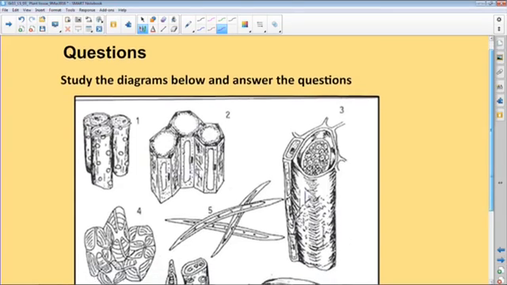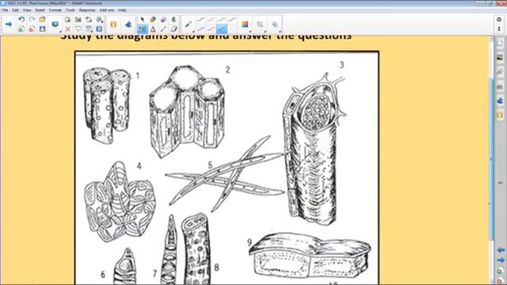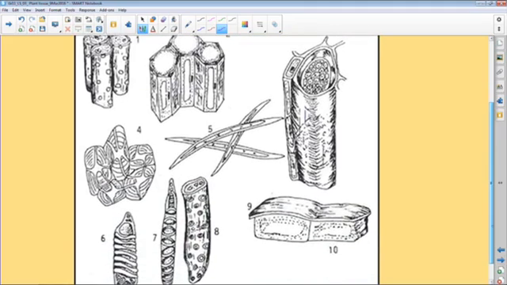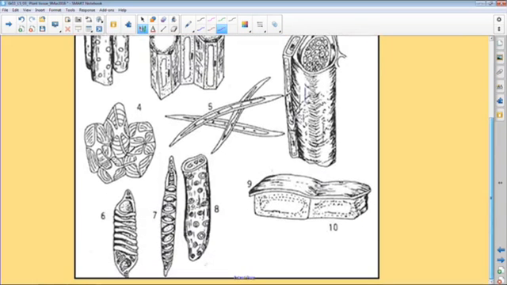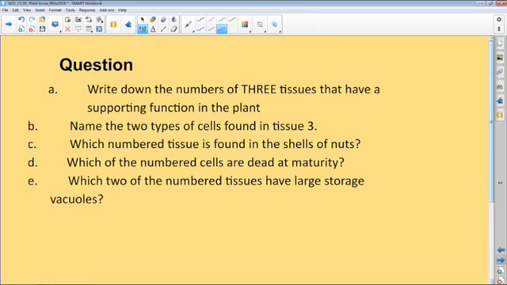So guys, I know we haven't got much time left, but I want to just show you, and this is where the difficult part comes in, some of the questions that we can answer. Here I've got a whole lot of plant tissues together, and you now need to be able to decide which plant tissue is which. The kind of questions I can ask you are the following. Looking at that diagram: three tissues that can support.